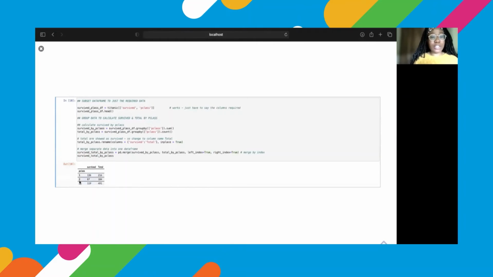Okay, so we have passenger class here, 1, 2, 3, first, second, third, and we have survival. So 136 people survived with first class passenger status, 87 for second class, and then 119 for third class. Now, you might think, why is 119 bigger than 87?